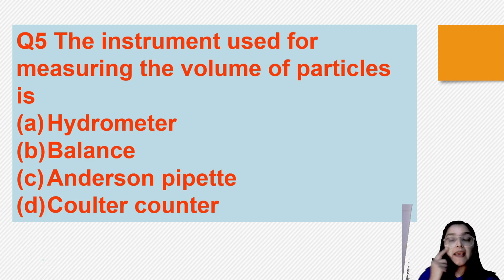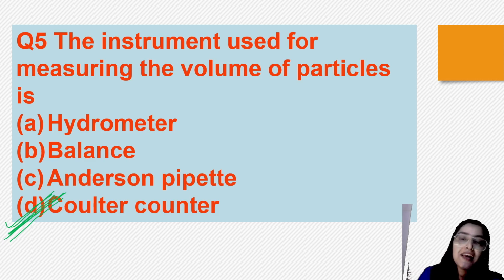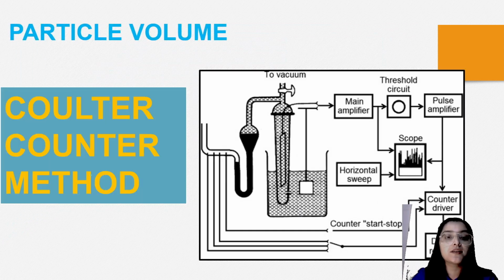Okay, option A, hydrometer. Option B is the balance. Option C is the Andreasen pipette. And option D is the Coulter counter method. You should just read the question and know the answer in your head, right? We already know that the fastest method is the Coulter counter method used for the determination of particle volume. Very important. Right away the answer is D, Coulter counter method. We have already seen, right?